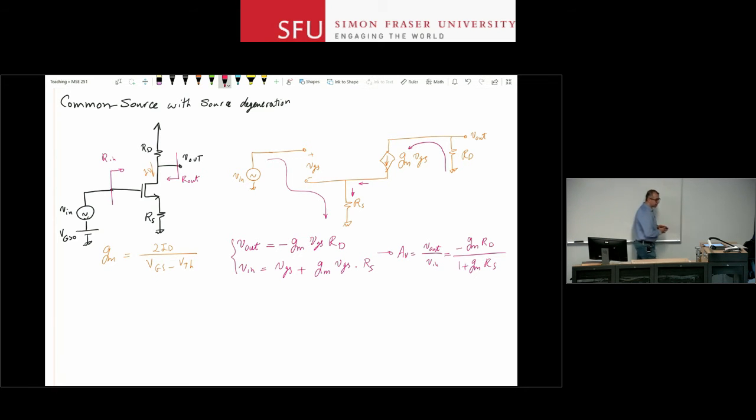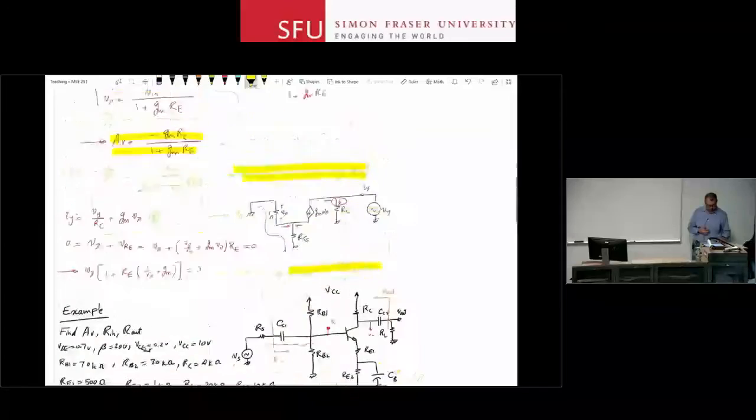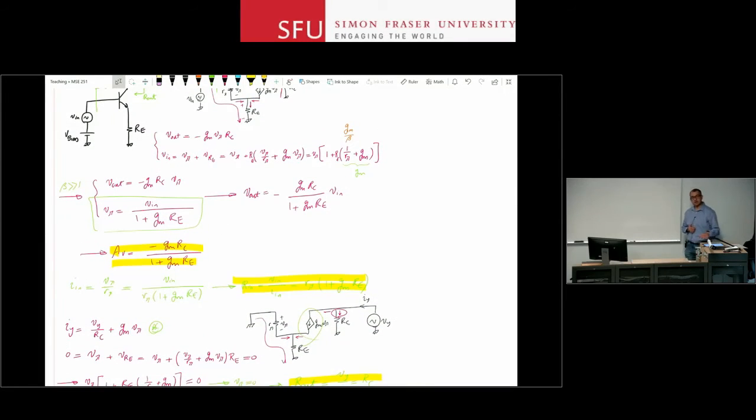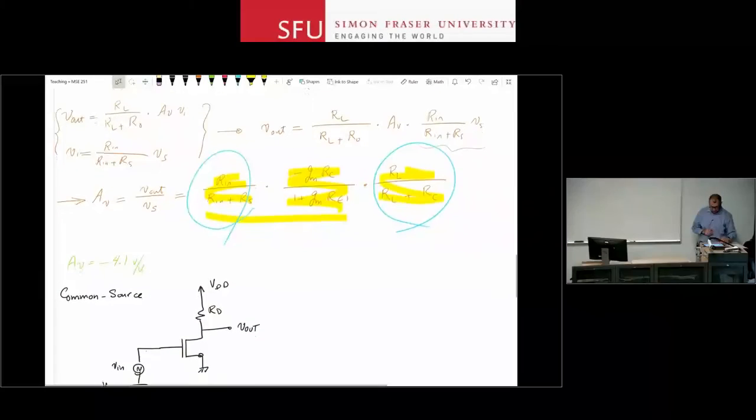Now, if you want to look at the more basic stage without RS, basically an RS of 0, set that RS to 0 in this equation, and you get just minus GM RD for the gain. Well, this I'm hoping is still fresh in your mind. This is very, very similar to what we had for a common emitter stage. The gain was minus GM RC divided by 1 plus GM RE. Now I just changed the variable names and got the same result here for a MOSFET.